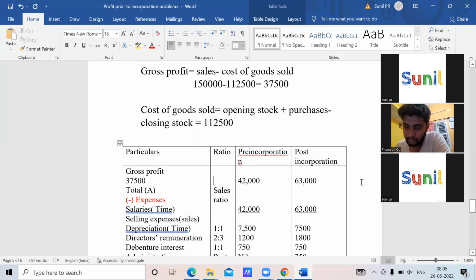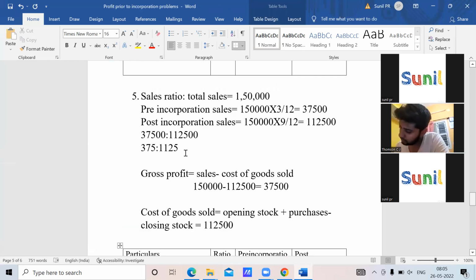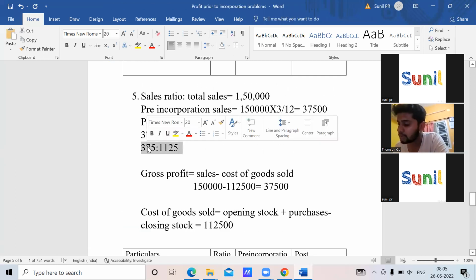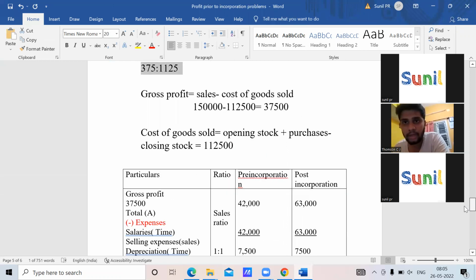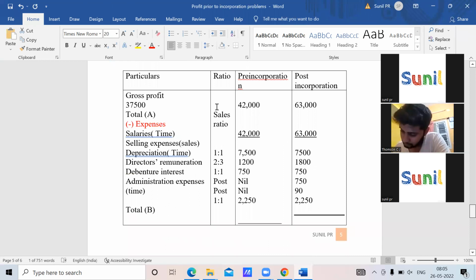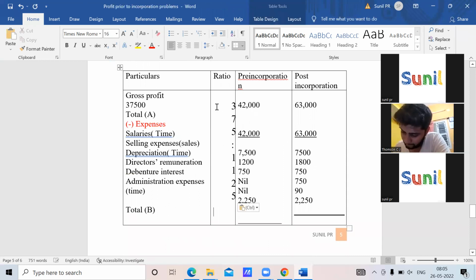What is the sales ratio that we have arrived at? The sales ratio that we arrived at is 375 by 100, that is 1,125. So now we'll use the same ratio.